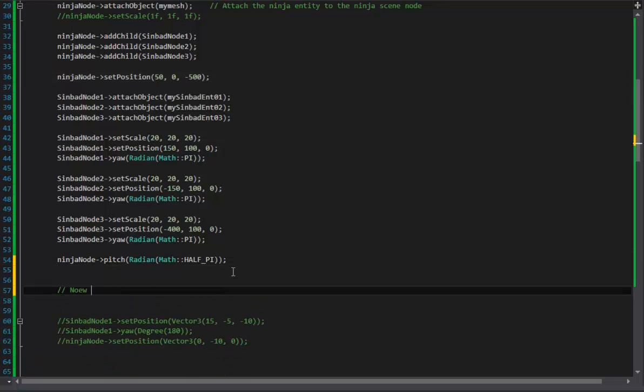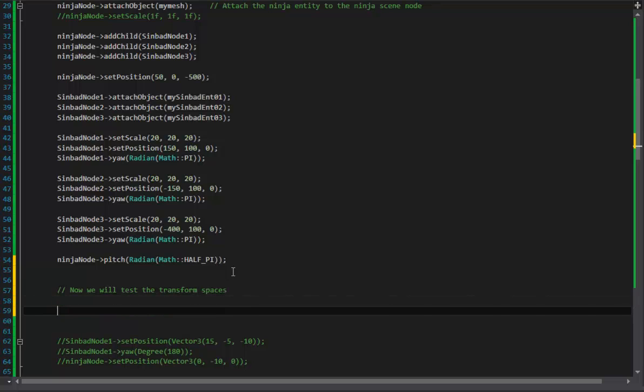Now we will test the transform spaces. So let's take Sinbad node 2 and rotate it 45 degrees.